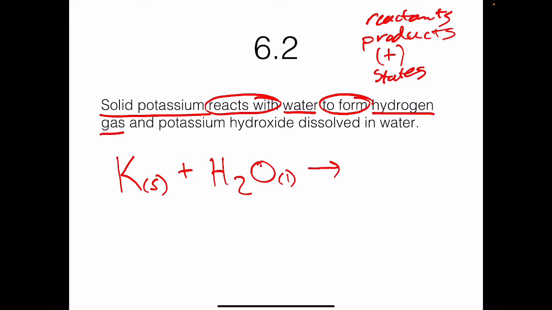So this is where we have to be familiar with what are called diatomics. Diatomics are elements on the periodic table that always come as twos. If you look at your periodic table, you will be able to identify where these are by their position. There's a few different ways to remember this.